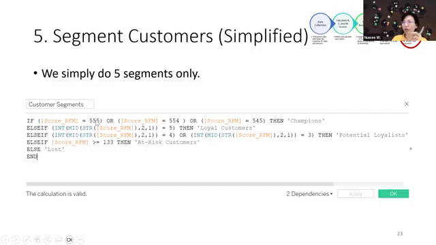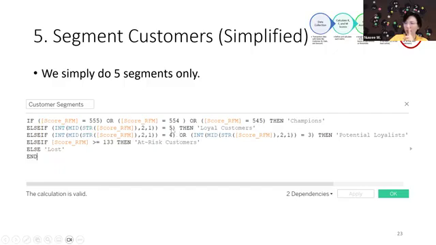So anyone with 5 as recency, I will give them champions: 555, 554, or 545. Either recency and monetary 5 is okay, they should be champions. And if the second one is 5, I use string to convert the score number to a string first, and then I use substring to get the second number. 2 means position, 1 means just one character.